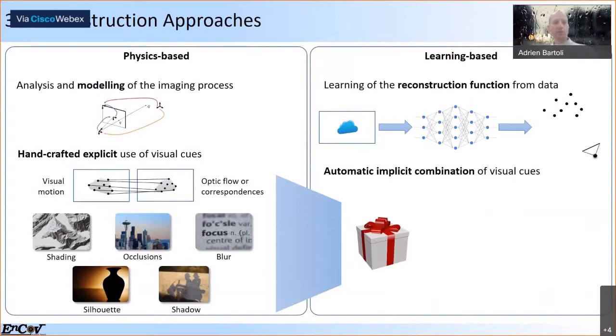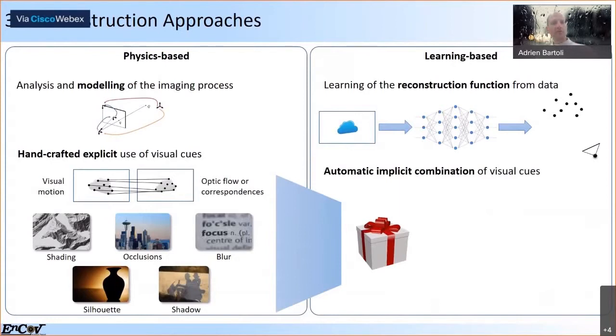Probably one of the most successful visual cues is the visual motion, where we observe the motion of geometric primitives across images, and from this motion, we can infer 3D. Other well-known and successful visual cues are the shading, the occlusions, the blur, the silhouette, and the shadows, and there are more of them, probably more exotic, but these are the main ones.